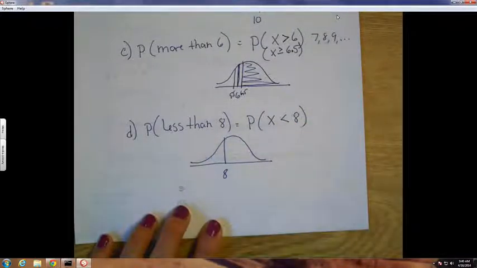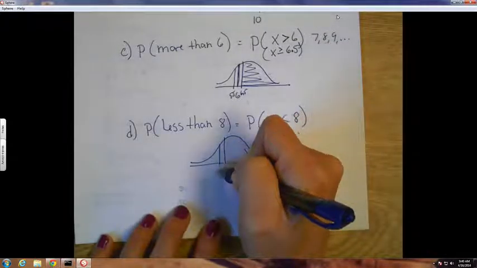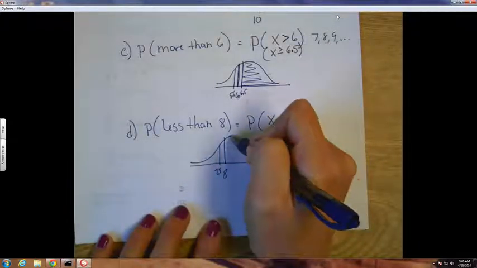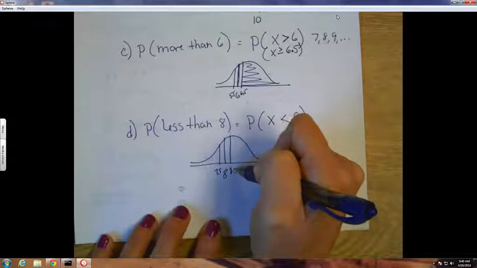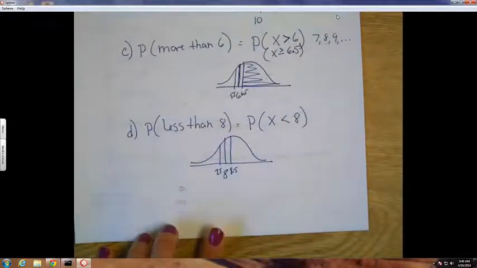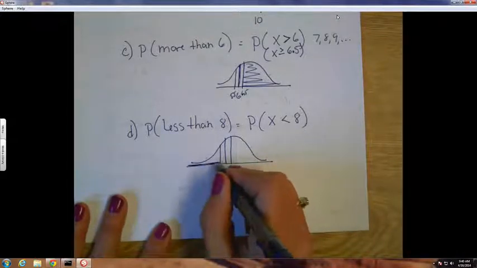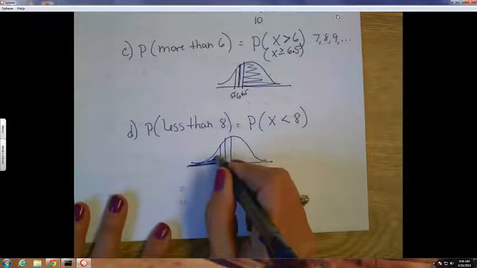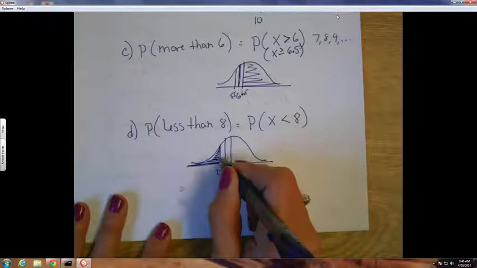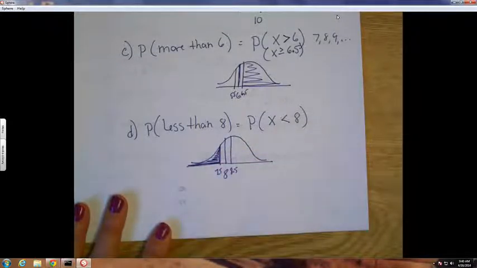Then put in each edge, the 7.5 and the 8.5. There's the 7.5. Here's the 8.5. And then it's just a matter of, do I include the 8 or not include the 8? I don't include the 8, and then which way am I shading for less than? So it's less than, so I want this side shaded, but I don't want to include anything that equals an 8. So what am I correcting the 8 to? To 7.5.